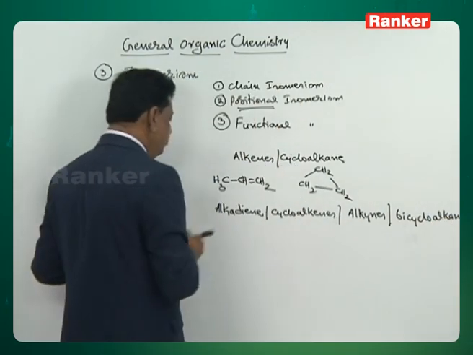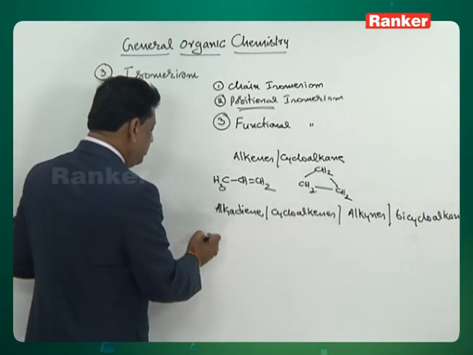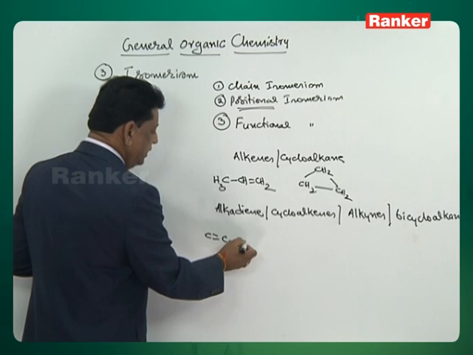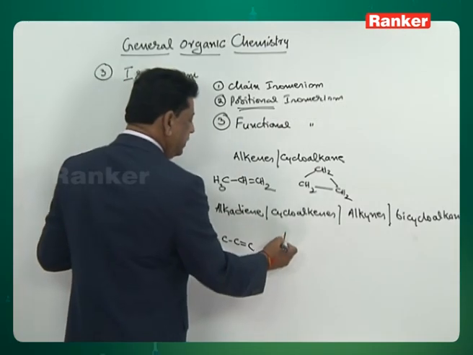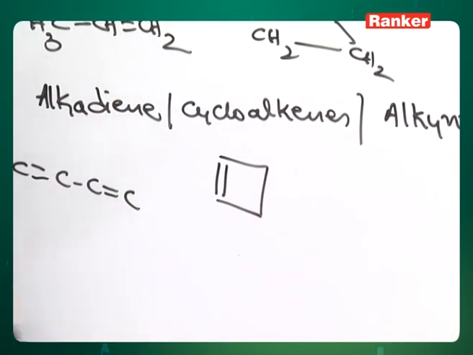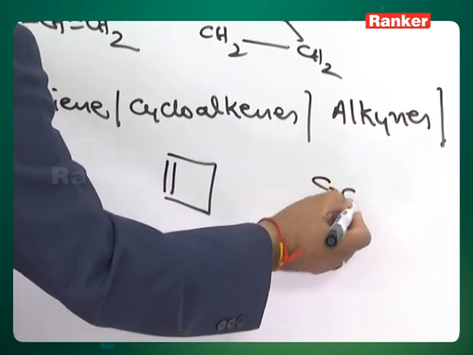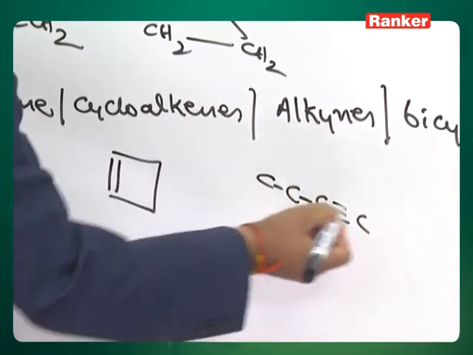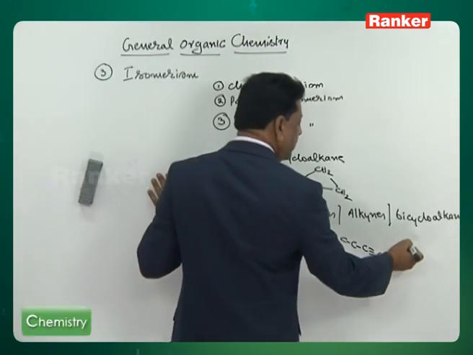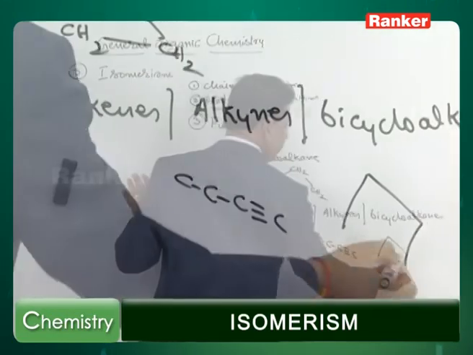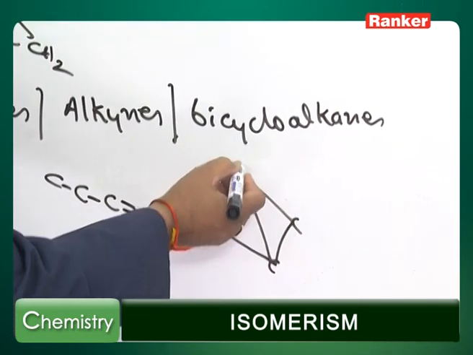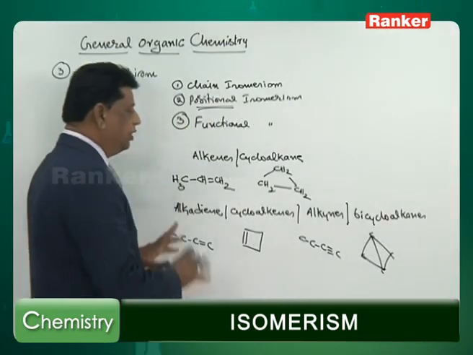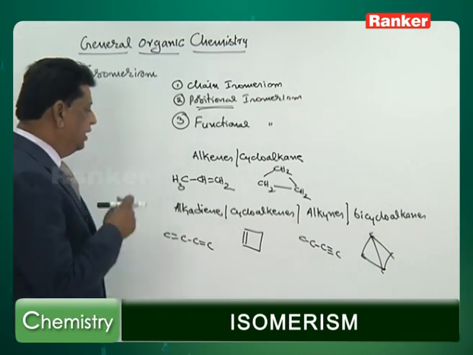All will have the same formula. For example, butadiene, an alkadiene, is the most stable compound. Cycloalkene, that is cyclobutene. Alkyne, either 1-butyne or 2-butyne you can take. Bicyclo compound, there are 2 rings, but the number of carbons is 4 only, with each one having 1 hydrogen.